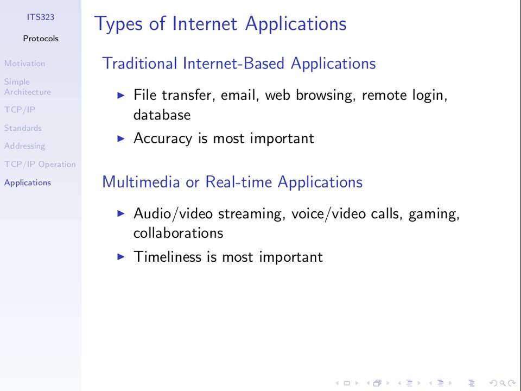What types of internet applications do we have? Well, there are many different internet applications. A broad classification is we can say that some are the traditional data-based applications or internet-based applications. I say data-based in that they are about exchanging files, whether it's a file or an email, which is just a file, or a web page, or exchanging commands.